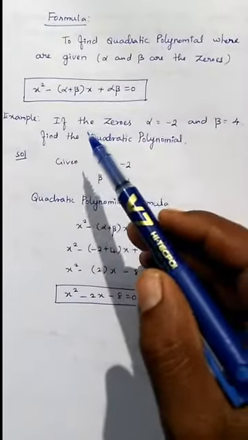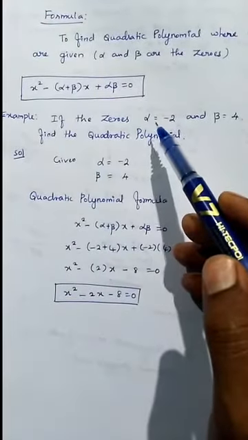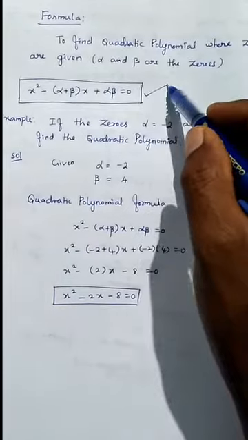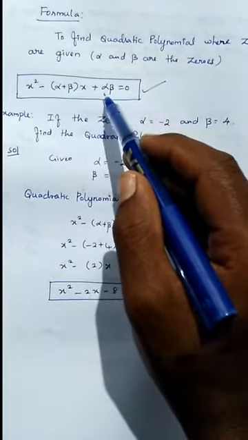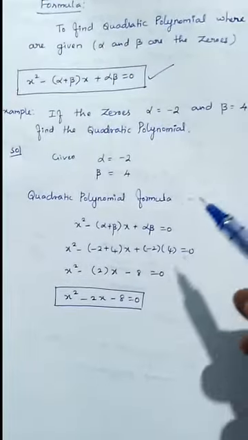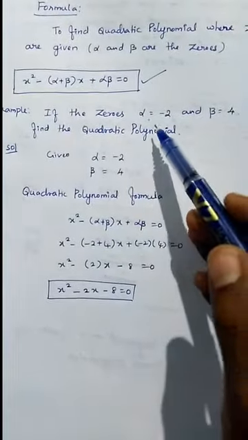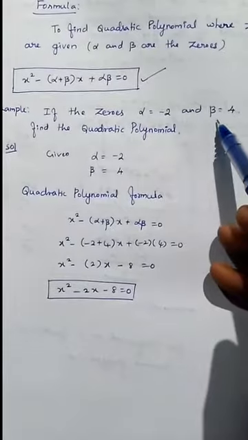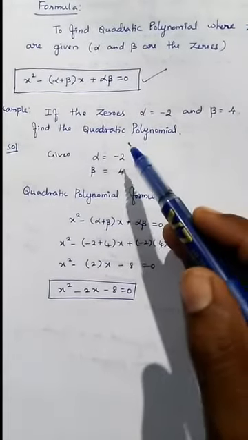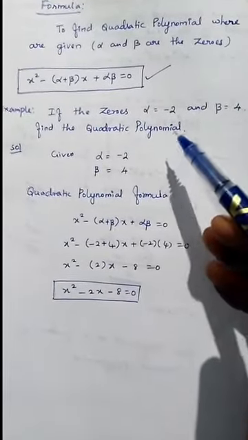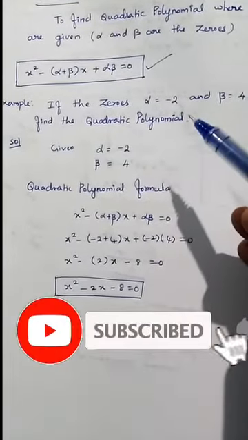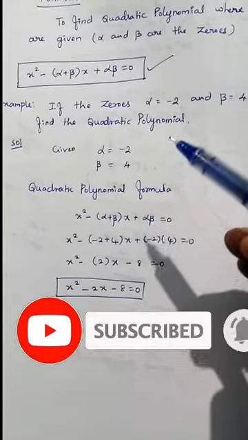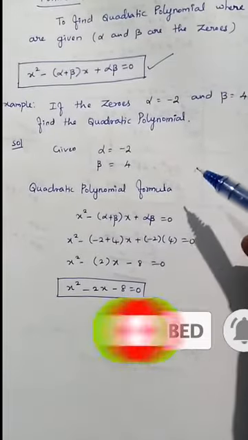Let's take one example. This is the formula to find the equation: x square minus (alpha plus beta) into x plus alpha into beta equal to 0. Suppose one zero alpha is minus 2 and the other zero beta is 4. Then find the quadratic polynomial, meaning we have to find the equation here. There, the equation was given and we found the zeros using splitting the middle term.